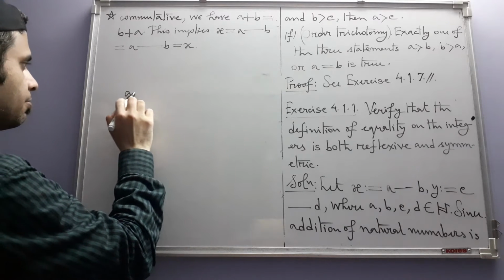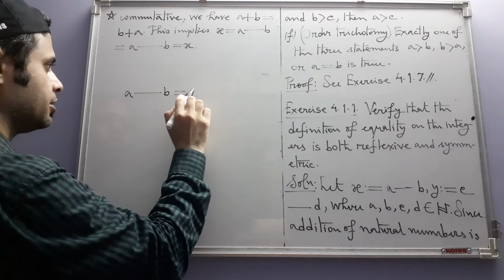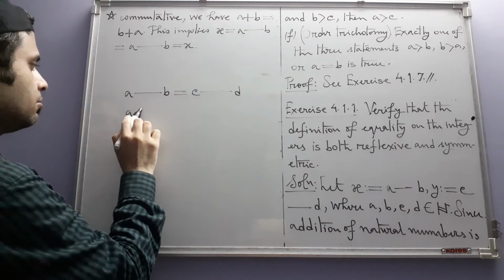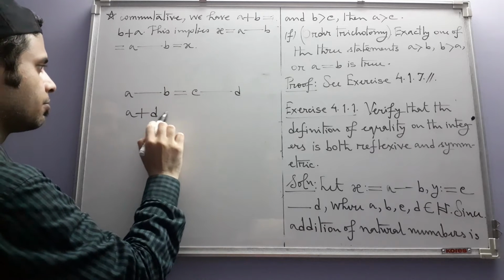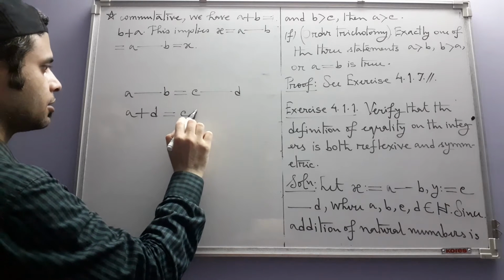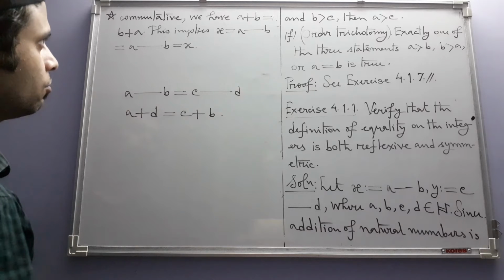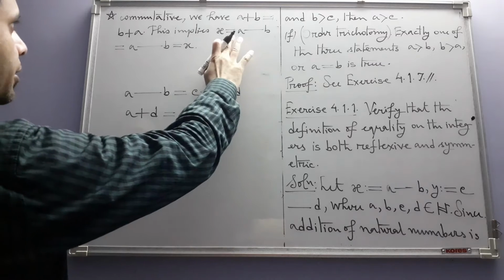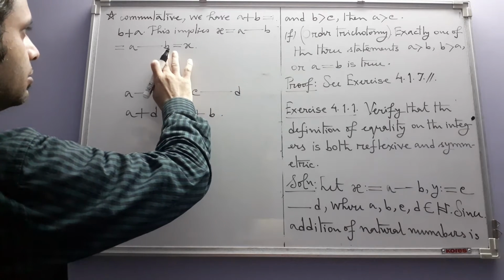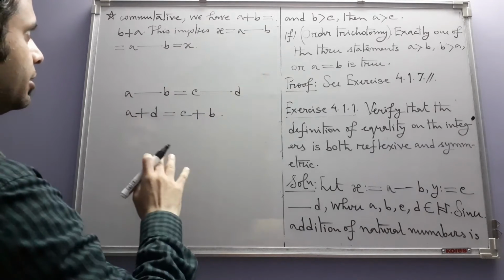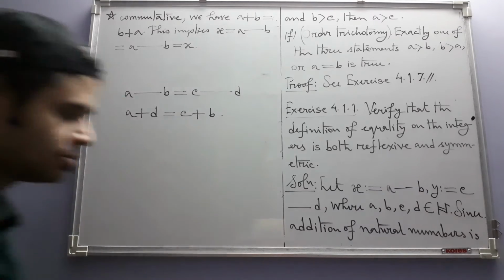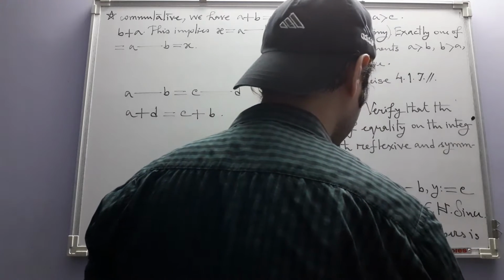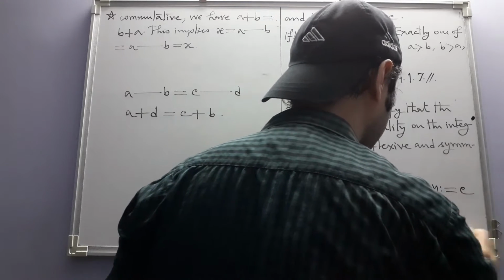Let me go back to the definition of equality. a plus b is equal to c plus d. We have c plus b, so that means here we have a plus b is equal to a plus b. Now we don't need commutativity here. Okay, so it is actually trivial. So this part is not needed.